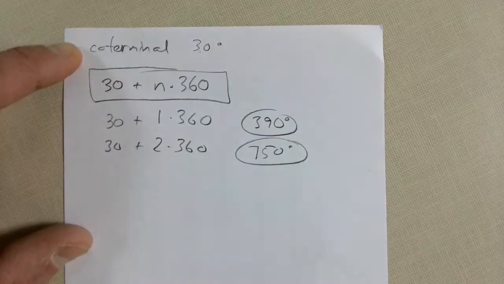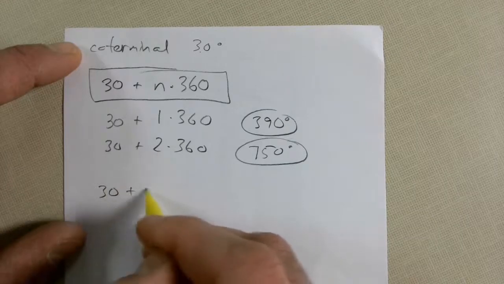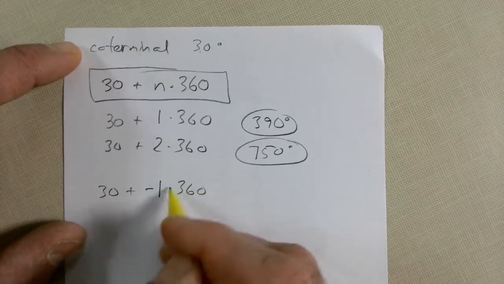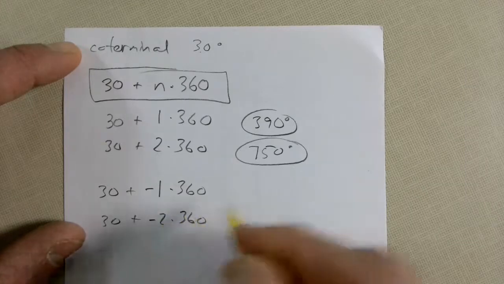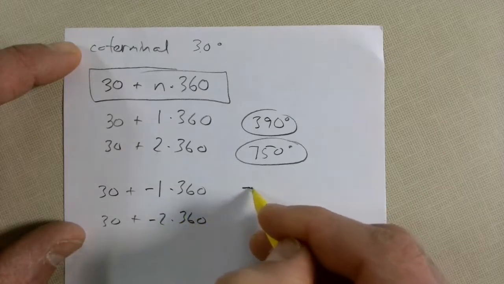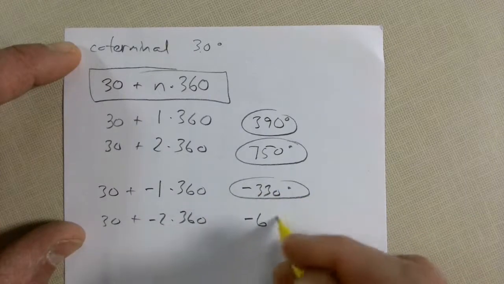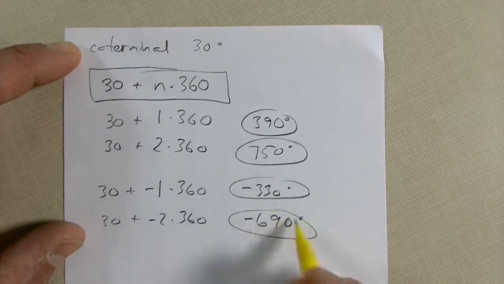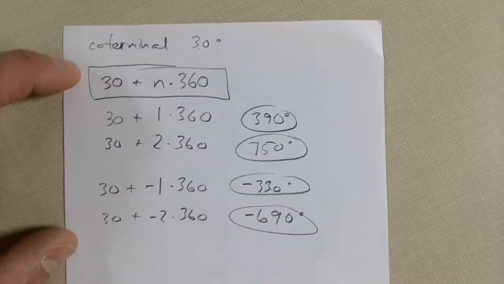Now, can you plug in and find some negative ones? Well, sure. So let's say 30 plus negative 1 times 360, and 30 plus negative 2 times 360. So this would be negative 330 degrees, and this one would be negative 690 degrees. So you can use the formula and find coterminal angles.